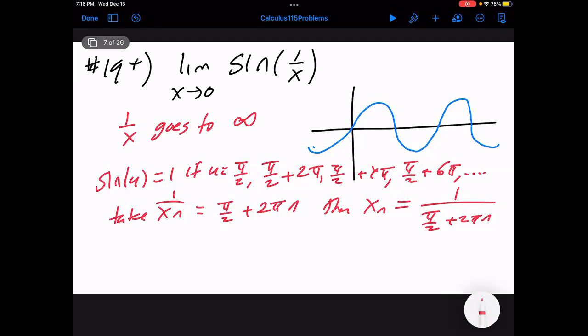Infinity. Do you agree that the denominator goes to infinity?